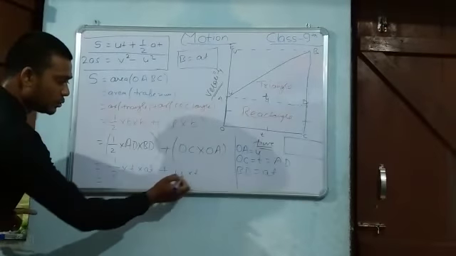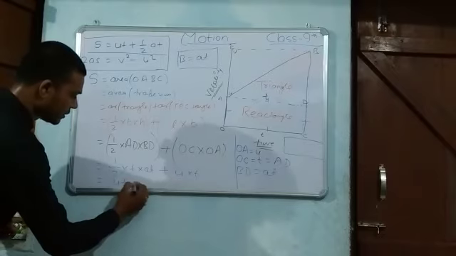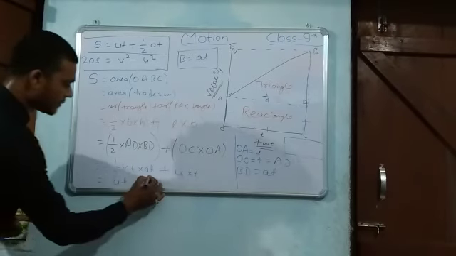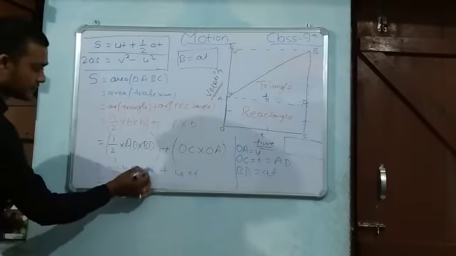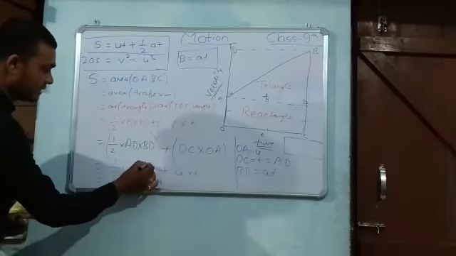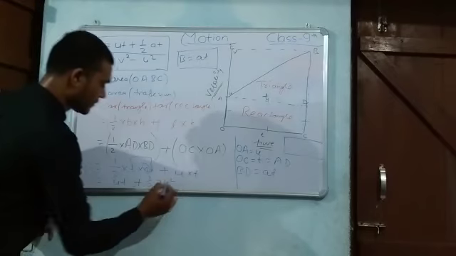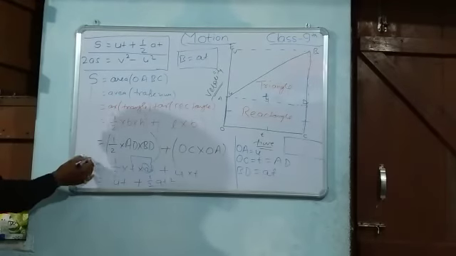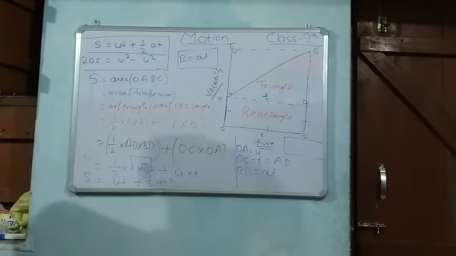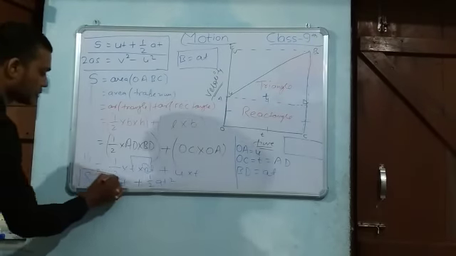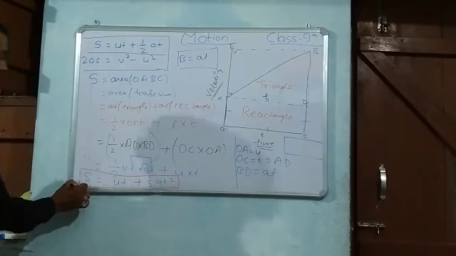Now we have UT plus half A, this T and this T become T square, and here this one is S. Now we have S equals UT plus half AT square.